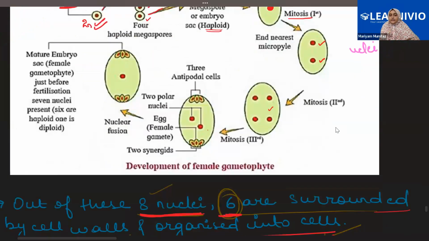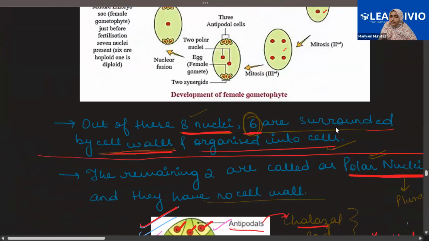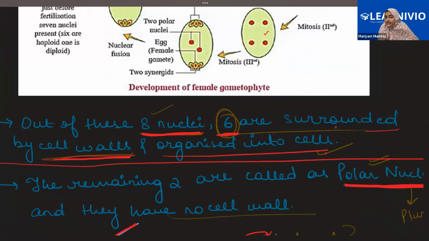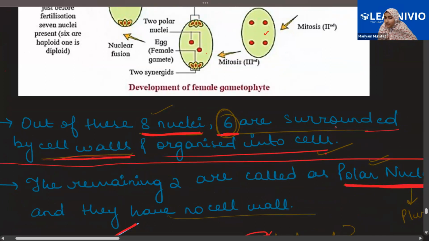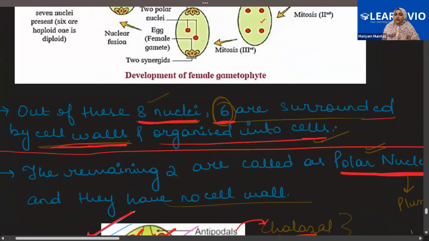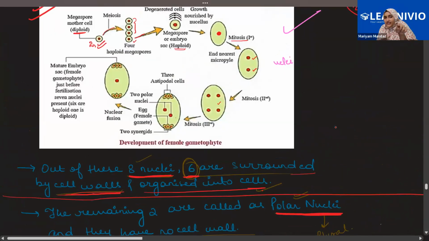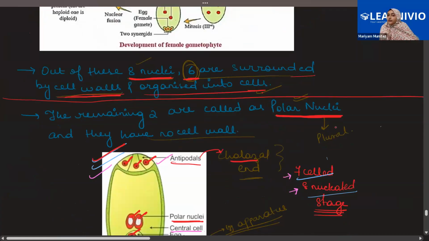Now, out of these 8 nuclei, 6 are surrounded by the cell wall and organized into cells, which you told me will be called cells. The remaining 2, do you see that in the middle they did not get any cell wall? They will be called the polar nuclei.